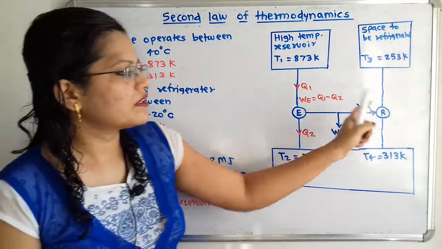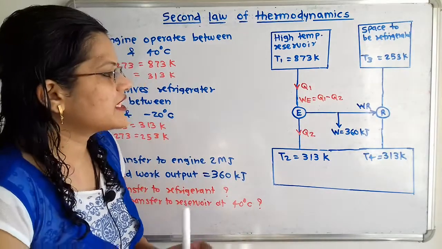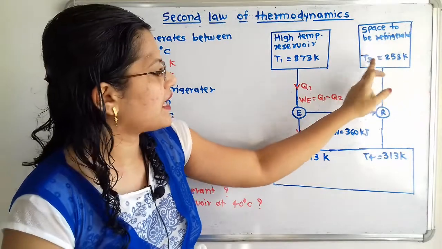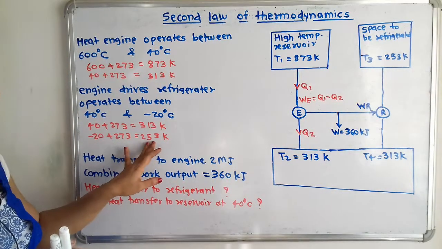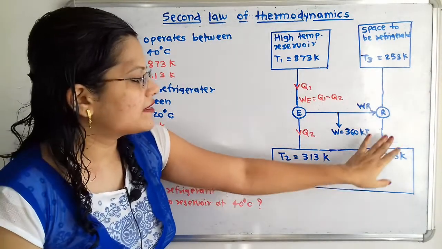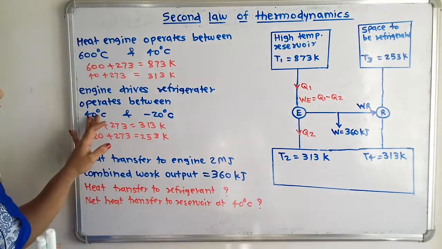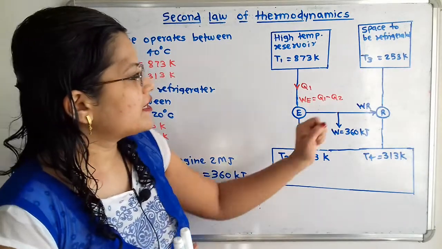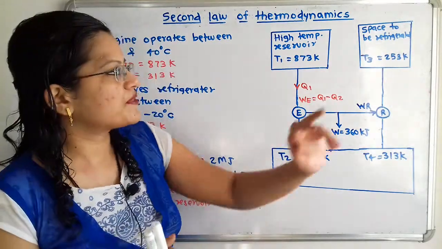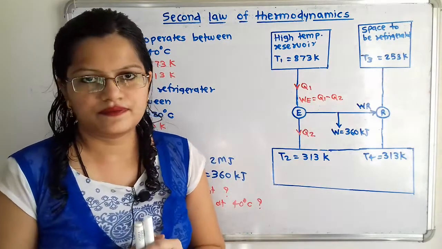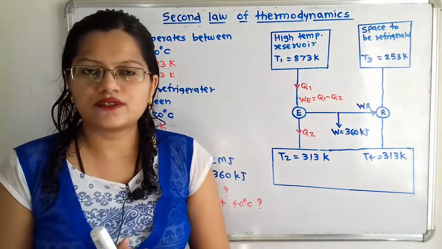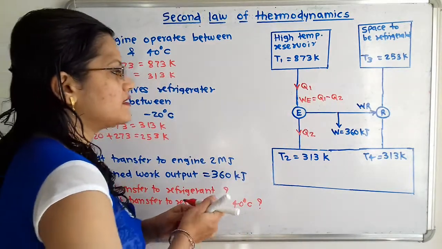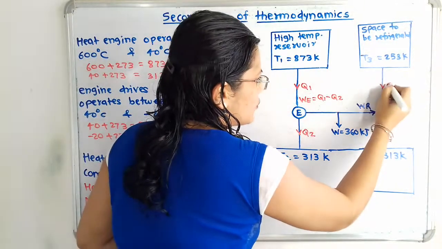Now we will move to the refrigerator. The refrigerator works between two reservoirs: the space to be refrigerated at minus 20 degrees Celsius, that is 253 Kelvin, and the atmosphere at 40 degrees Celsius, that is 313 Kelvin, where heat is rejected. Heat is extracted from the space to be refrigerated at temperature T3. The heat extracted I will call Q3.